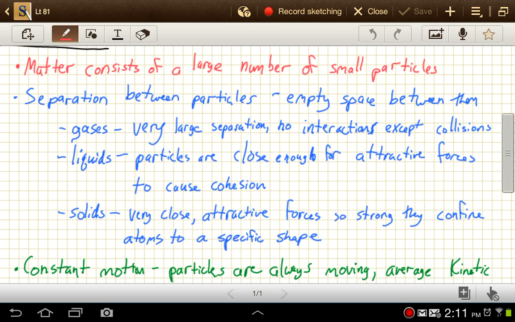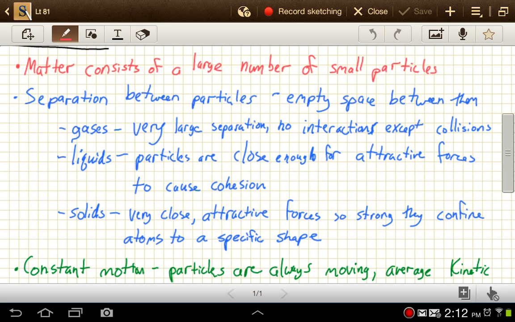So we still have a lot of energy, a lot of motion in liquids, and the atoms all pretty much stay together, but they don't maintain a constant shape. There isn't a big enough force to hold everything in a certain position.